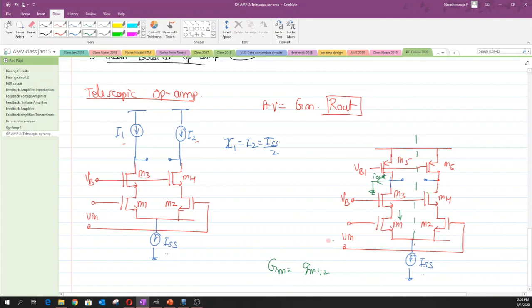So this is what we would get after doing all this manipulation with respect to the capital GM. But when we try to evaluate the value of this R out, that is where we would find that these loads that we have used in the place of I1 and I2 are not sufficient to create the exact value of output impedance that we are expecting.